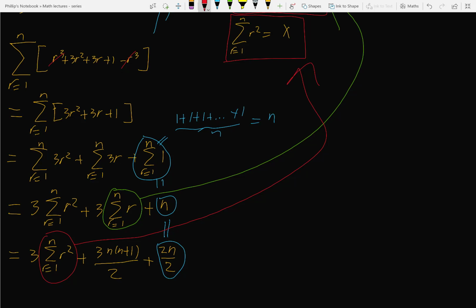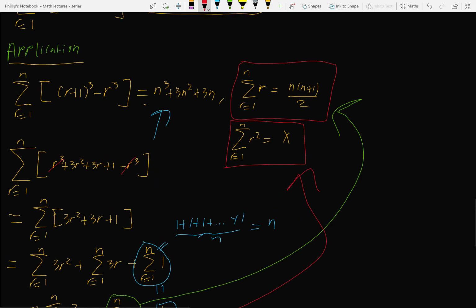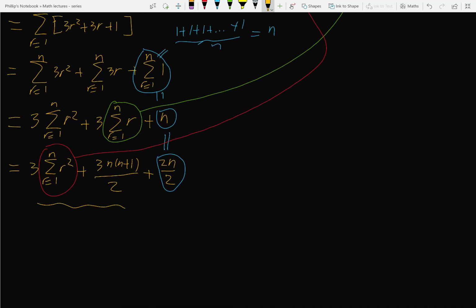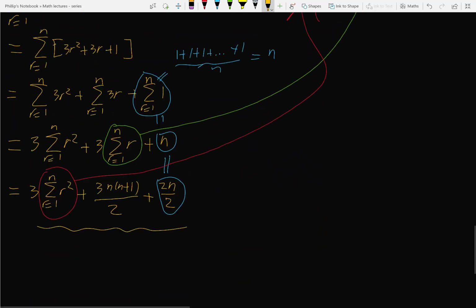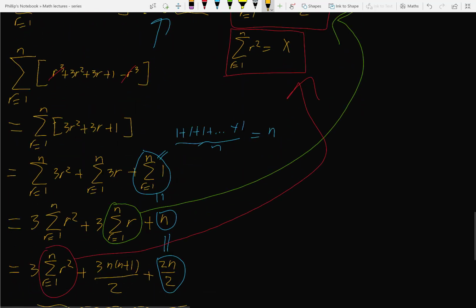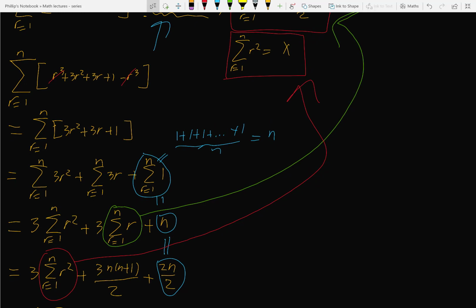And we know that this sum that we used as an example is equal to that, but we also know that this sum is equal to this. So we can equate both of them because they're equal to each other.